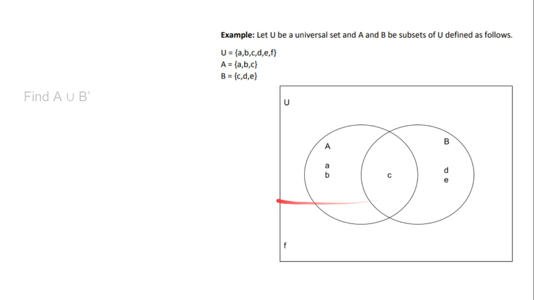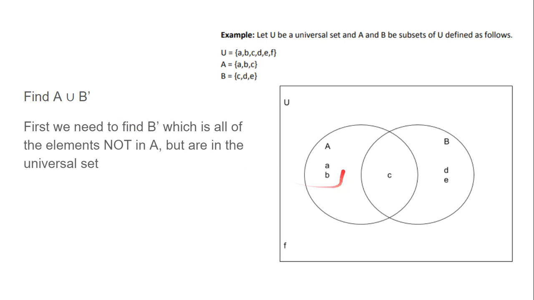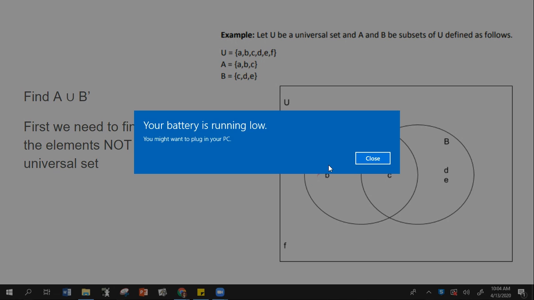Okay, let's do one more. I have A union B prime. So that means I have to find all the things that are not in B first.